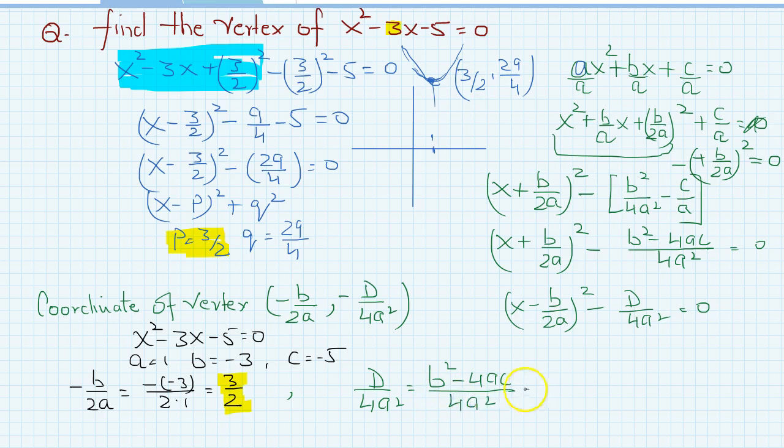So b square is (minus 3) square minus 4, a is 1 and c is minus 5, over 4 multiply 1. So that is 9 plus 20, so that is minus 29 over 4.